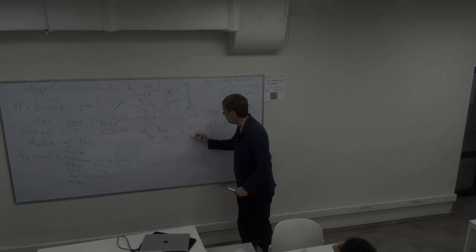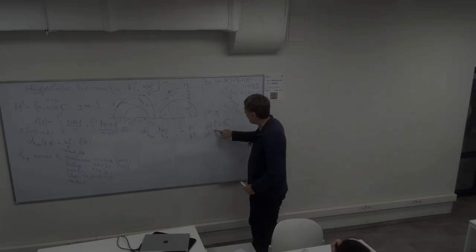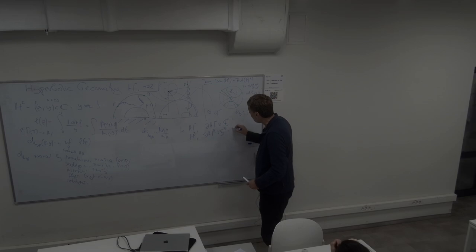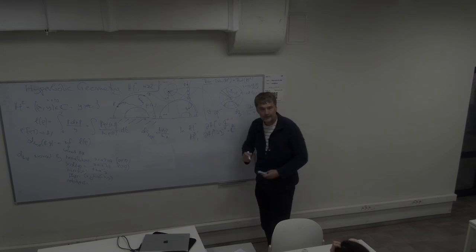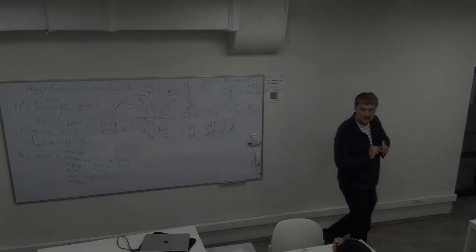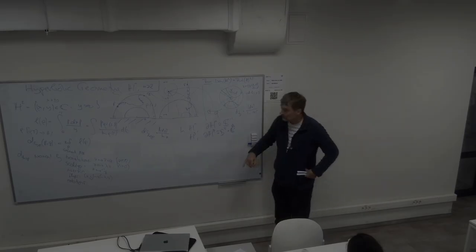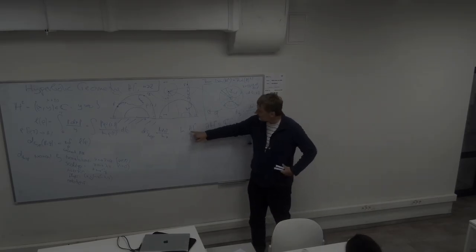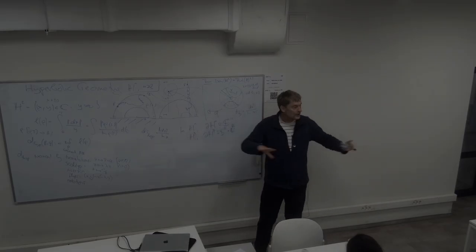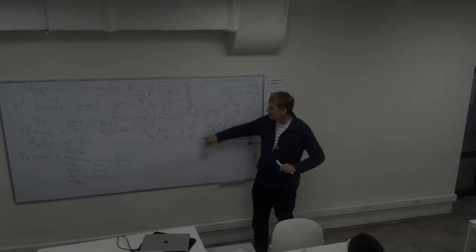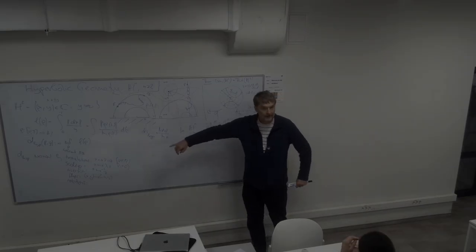Specifically, for H3, the boundary of H3 is not just some 2-sphere, but in fact, it is our old friend, the Riemann sphere. What does this mean? You check the automorphisms of H3, which are translations or scalings or inversions.